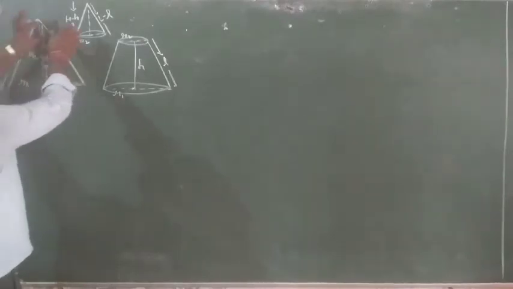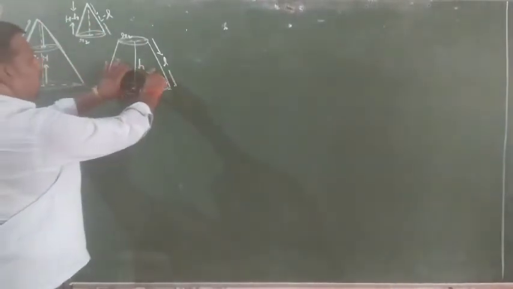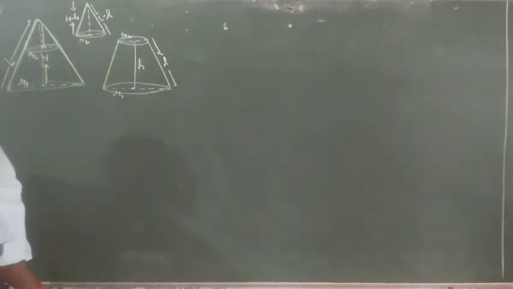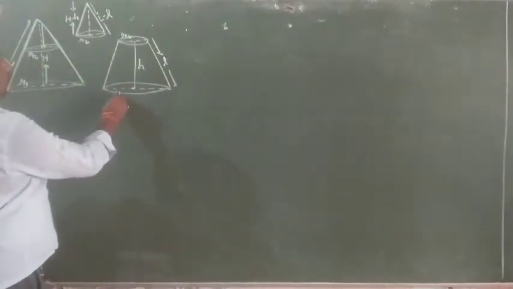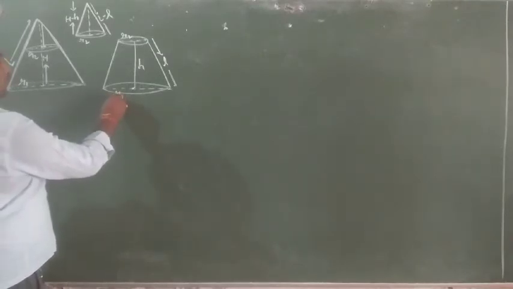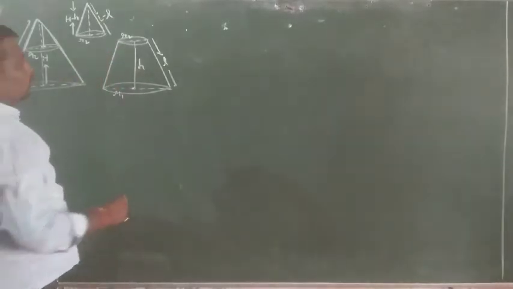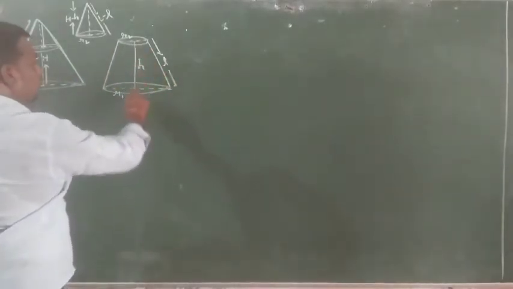That means this portion is cut off. So what remains is a frustum, whose ends have a big radius R1 and a small radius R2, slant height l and height h.